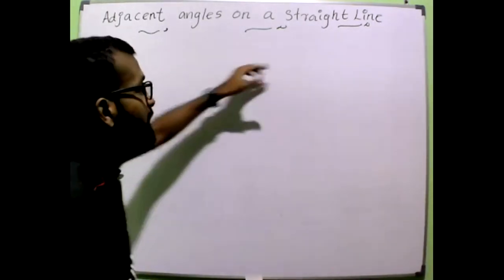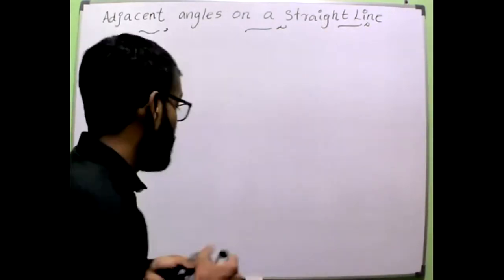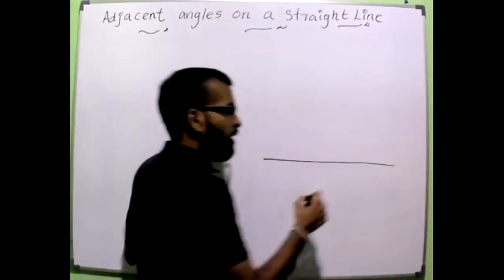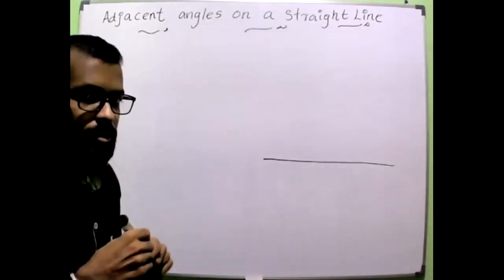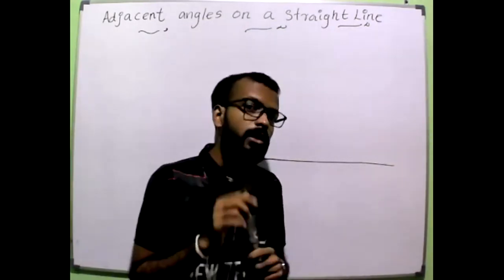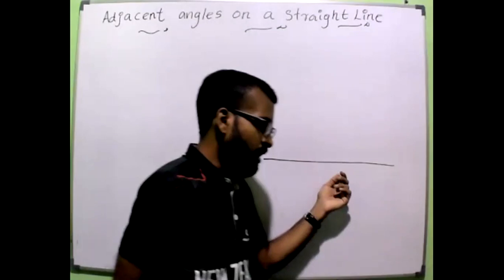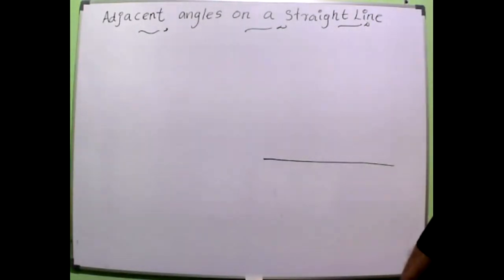So in this case, when you see the word straight line, this is the straight line. And regarding this straight line, there is an angle. You know something about the angle.